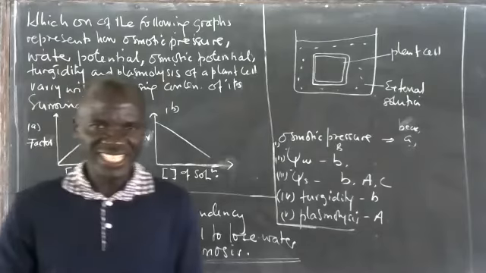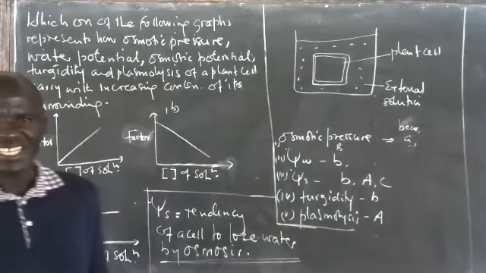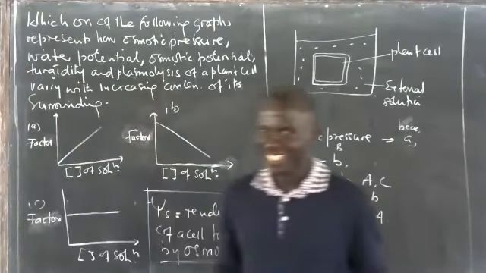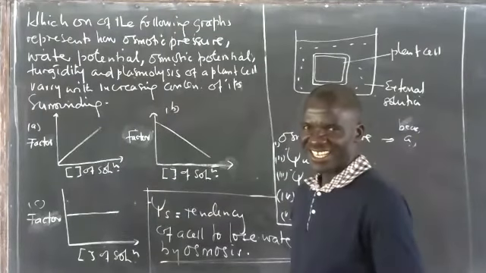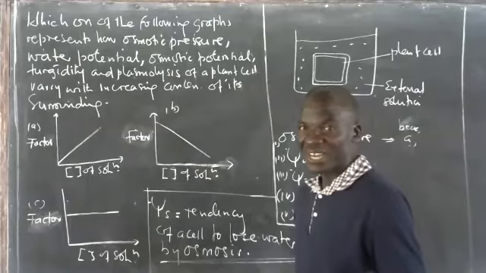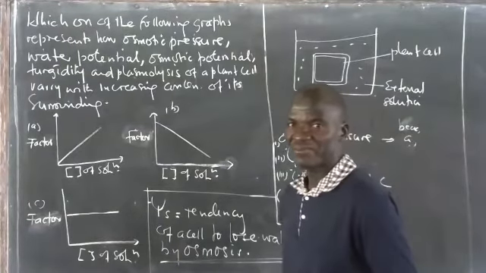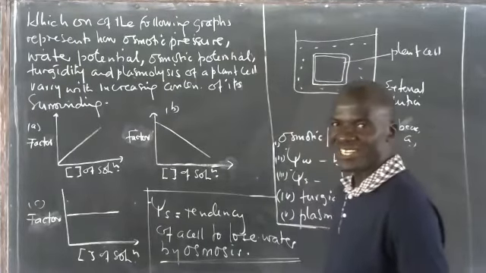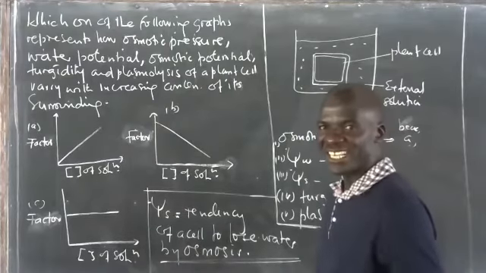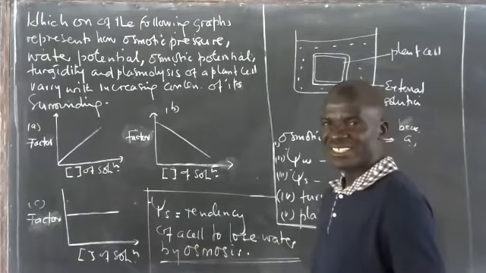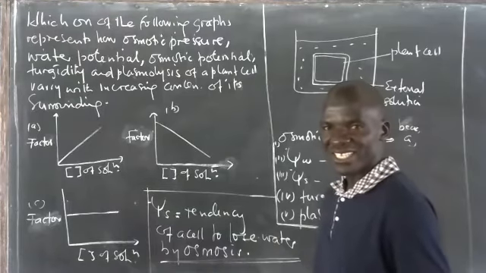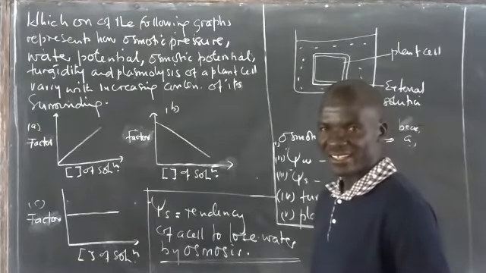That means that when a cell is highly concentrated, its tendency to lose water will be low, and so its water potential will be low. And if a cell is so dilute, its tendency to lose water will be high, and so its solute potential will also be high.